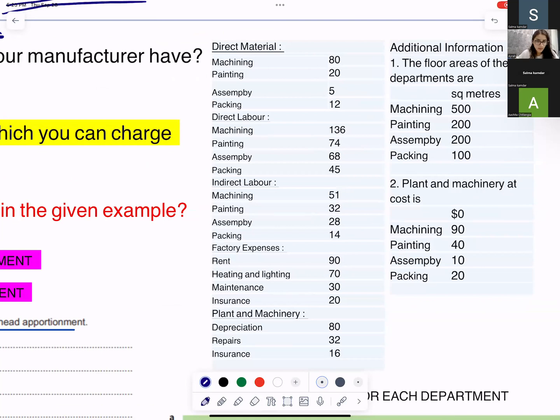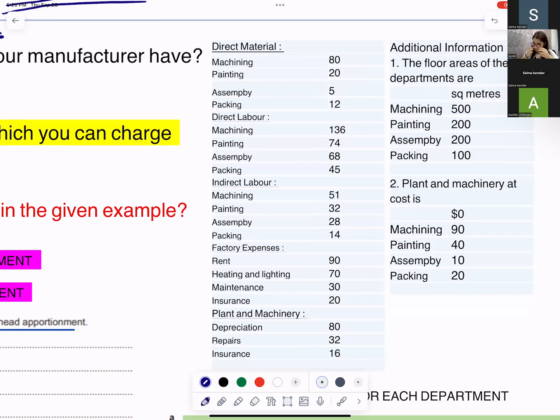First is factory he has, so that will be one cost center. Plant and machinery. Think properly. Cost center means what?